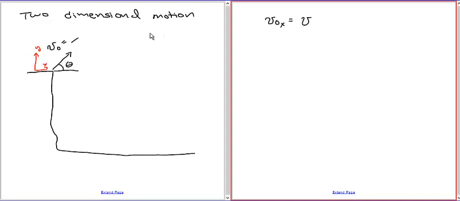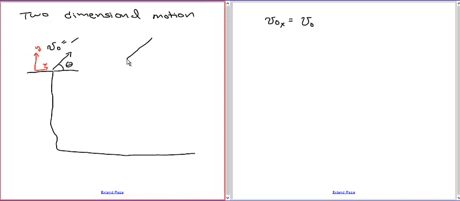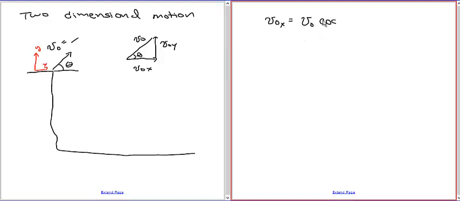We take the magnitude of the initial velocity, and because the velocity triangle looks like this, where this is v0, this is v0y, and this is v0x, and this is the angle, from trigonometry v0x is v0 cosine theta, the angle that it's shot at, and v0y is v0 sine theta.